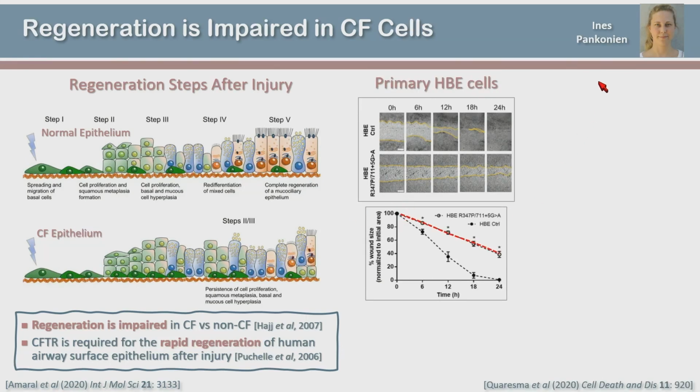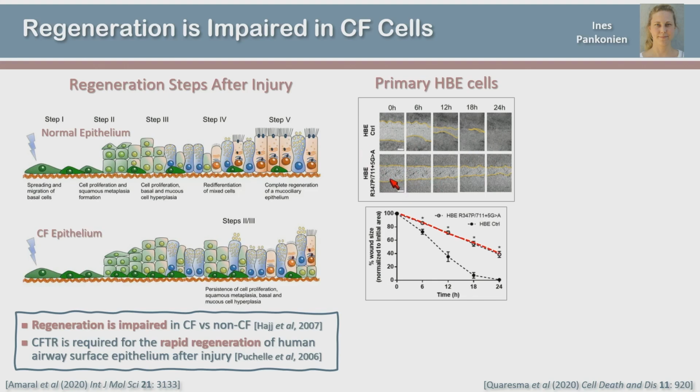So Inés Panconian, a postdoc in my lab, has developed this high throughput wound healing assay. So what we can see here is that there is a wound, and then with time, in time-lapse imaging, we can see that the wound is closed nicely after 24 hours.